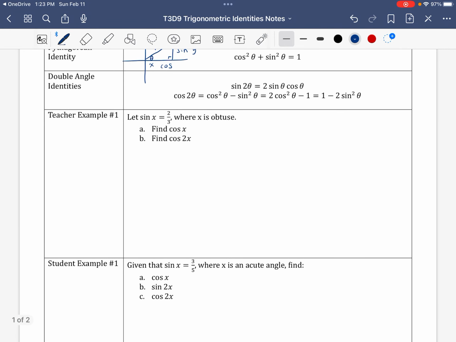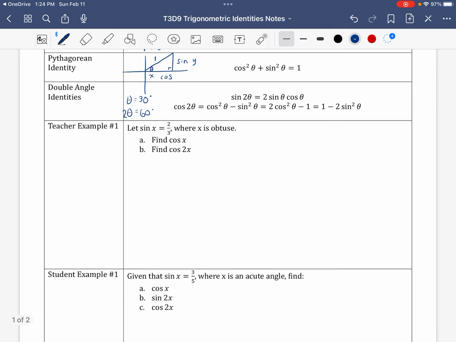Now, the last set of identities that we're going to talk about are our double angle identities. If we have some angle value, let's say this is 30 degrees, and we want to find sine or cosine of 60 degrees, double our original theta, then we can use a double angle identity.